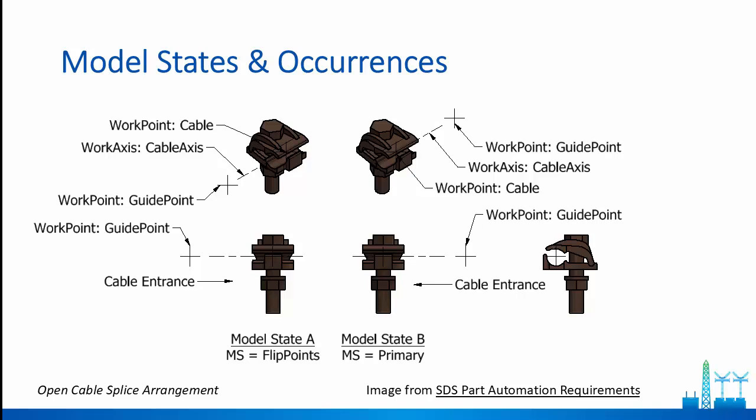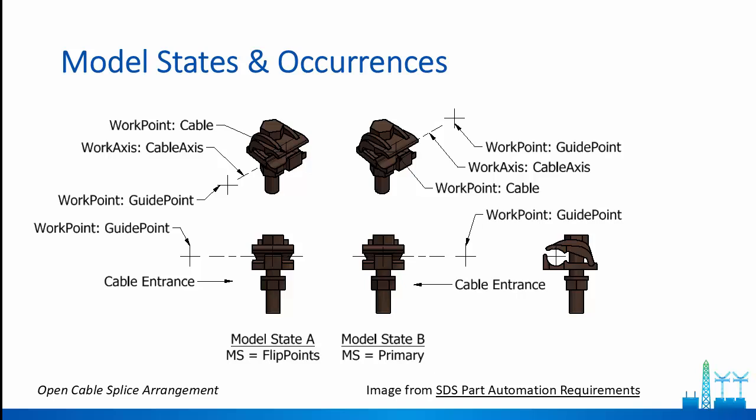To be a little more practical with model states and occurrences, we're looking at this ground lug where we have a model state flip points where we place the cable entrance on the left side, and a model state primary where the cable entrance is on the right side. This can be very handy when you have a directional point on this fitting.